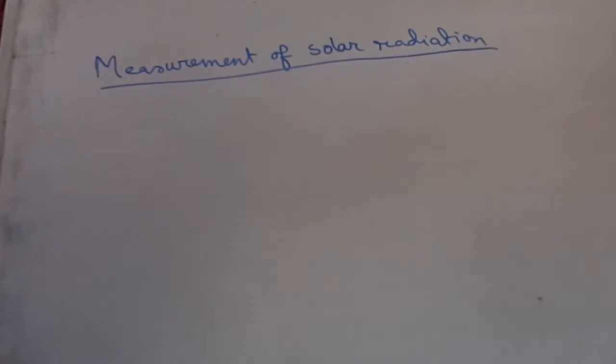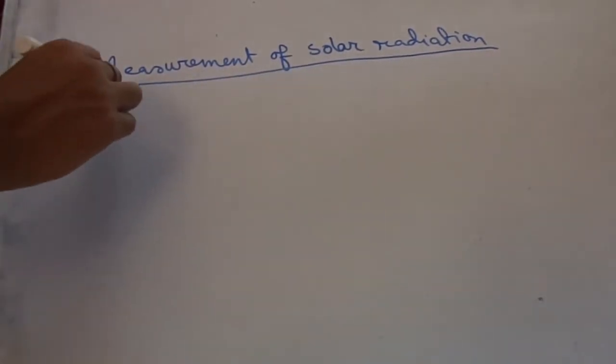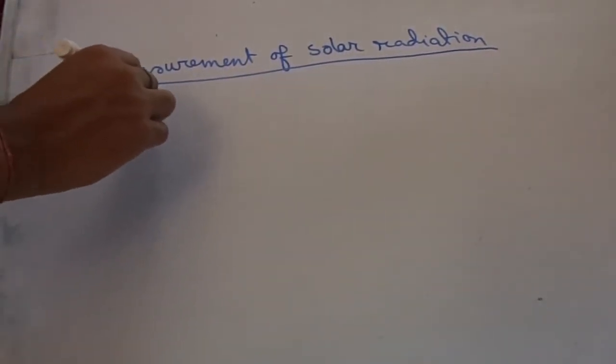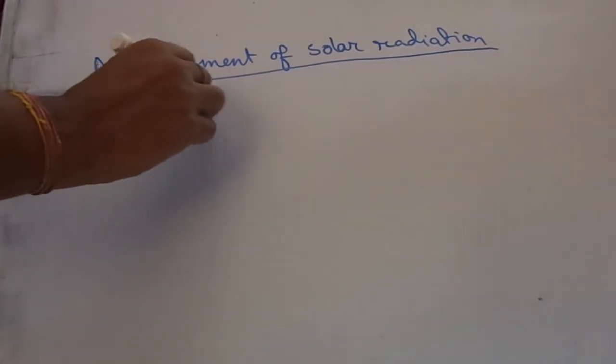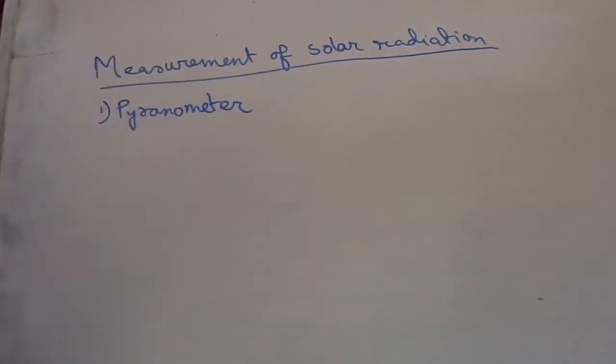First one, solar radiation data are measured mainly by the following instruments. First one, pyranometer. Another one is the pyrheliometer.